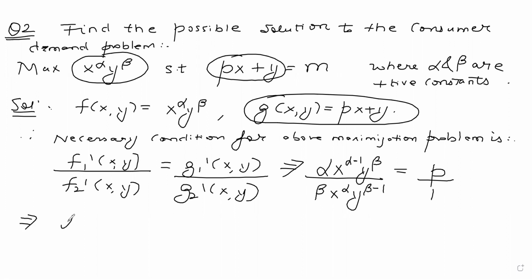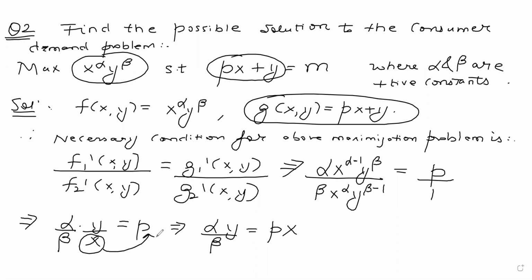So this implies alpha by beta times y by x is equal to p. Okay, so I can write this implies alpha y by beta is equal to px. I can take x to the right hand side.